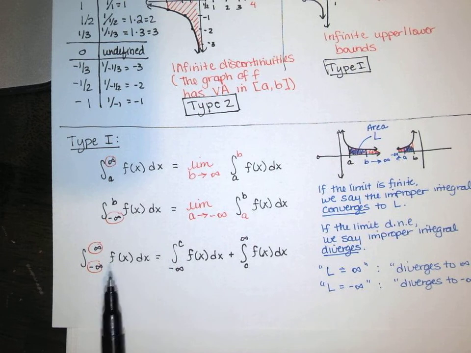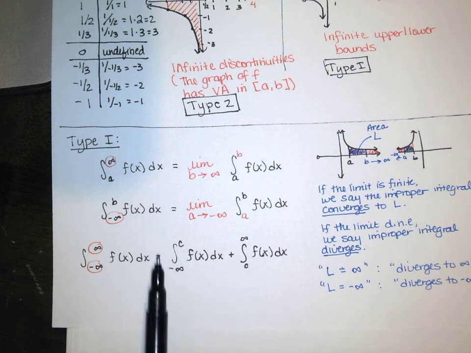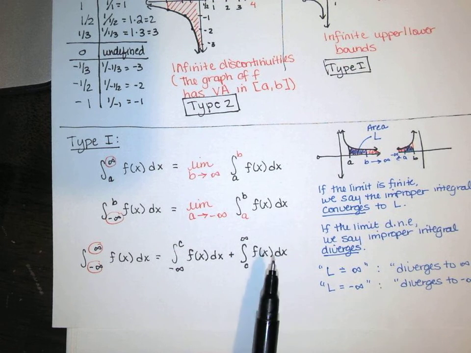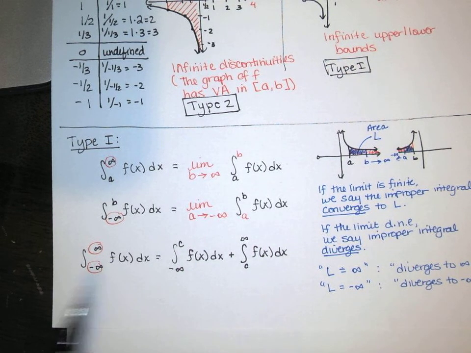If this diverges, this diverges. If this one converges, you've got to do more work. If this one, then check this one out. If this one converges and this one diverges, then you're done and this one diverges too. So if either one diverges, this guy diverges. Yes, let's practice some problems.